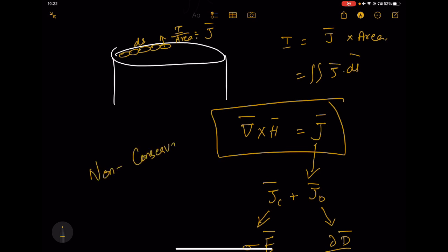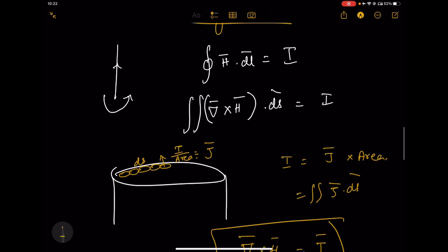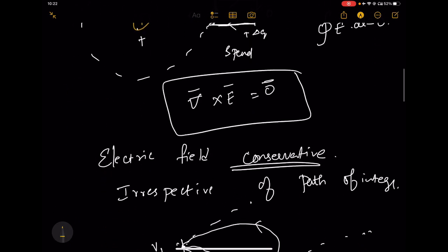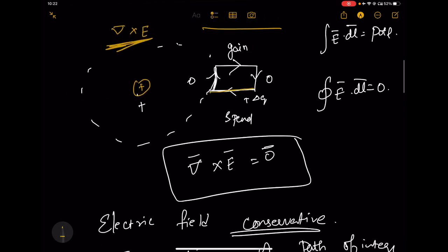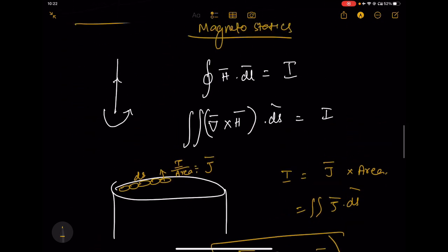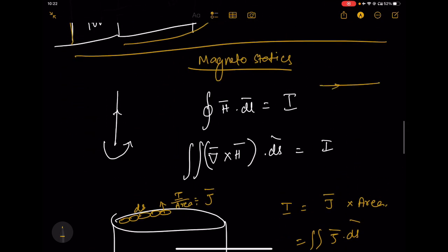Non-conservative means depending on the path of integration, the total work done is different. For example, here we said that if you walk in a closed loop fashion, the total work done is 0. But we all know that if you have a current carrying conductor and you walk in a closed loop fashion, it's not 0, it is the magnetic field.